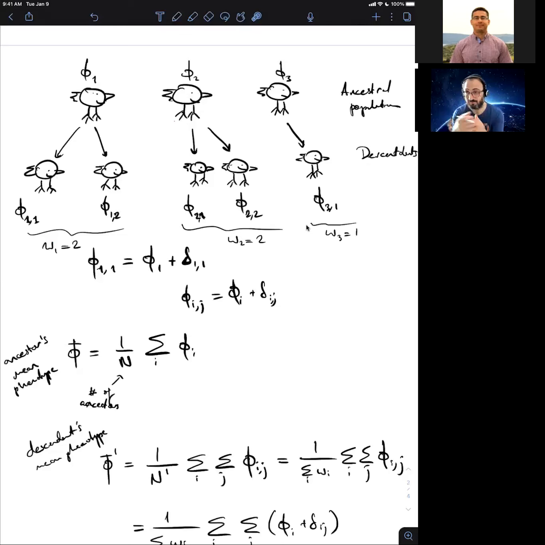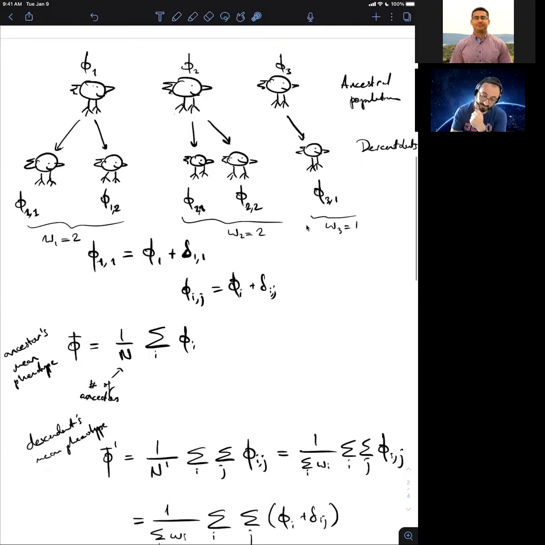So the average delta might be 0. Or if the trait is literally the genotype and there's no mutation, then each of the descendant traits might be identical to the ancestor traits. So all of the deltas might be identically 0. So therefore the mean delta will also be 0.